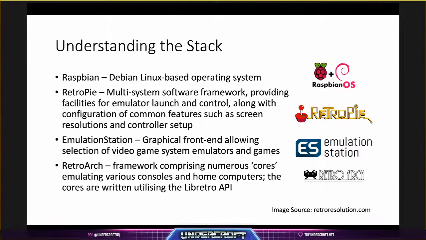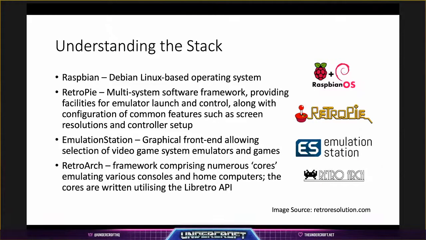RetroArch is the actual framework that has cores built around it. So you would have a core for Super Nintendo, and a core for NES, and a core for Game Boy, and a core for PlayStation. And it is the main emulation software taking place here, right?